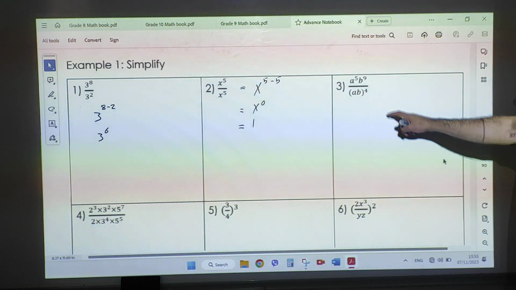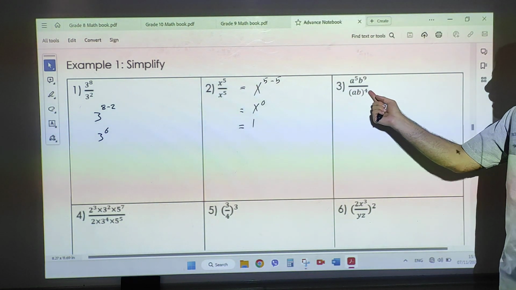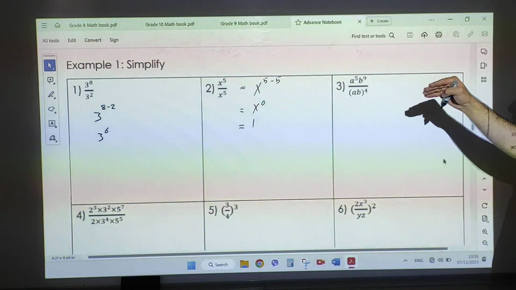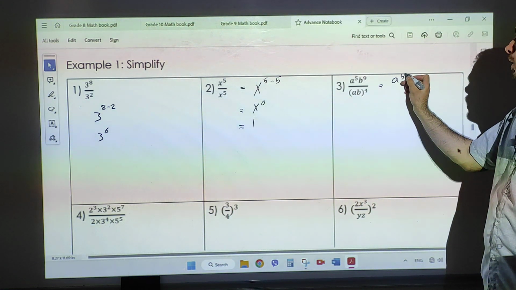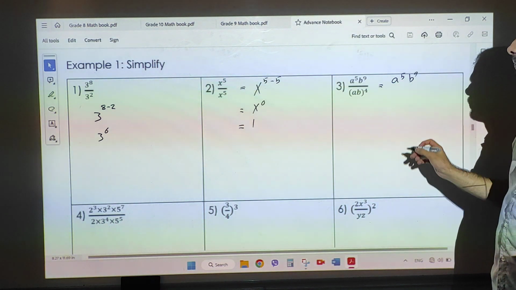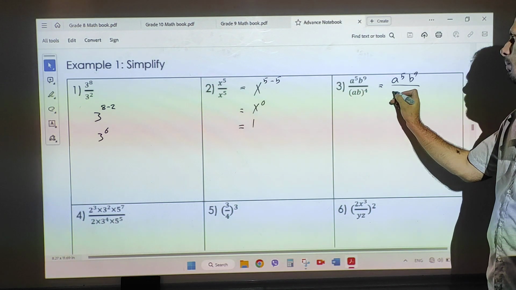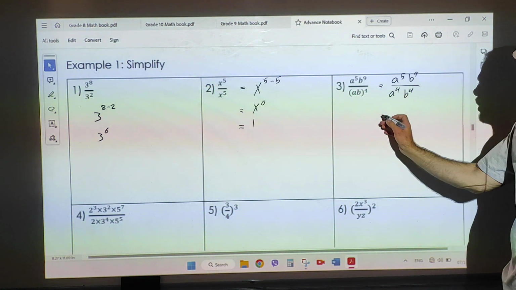This is done. For this one, before doing that, we have a bracket and we have a power on it. We solve that first, then we do a with a, b with b. It would be a power 5, b power 9, over this power would be for all of them, which would be a power 4, b power 4.